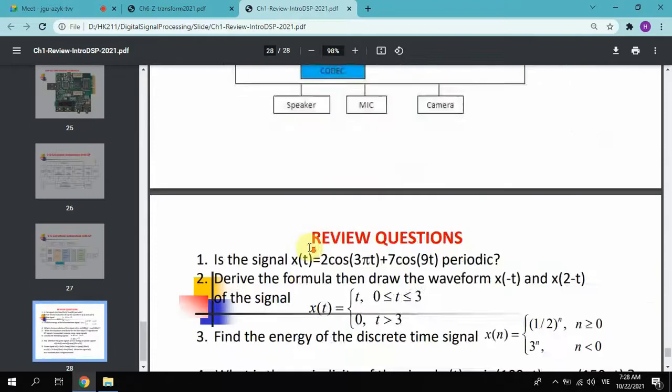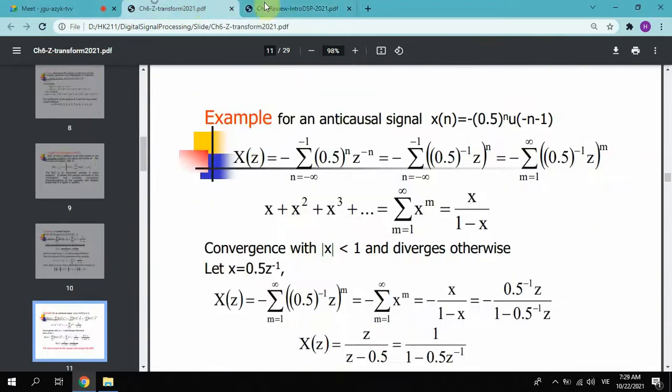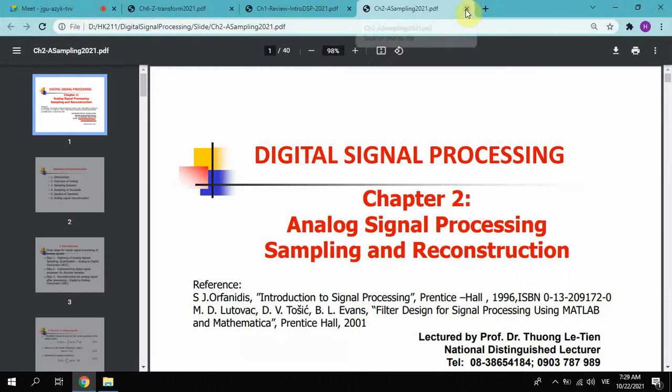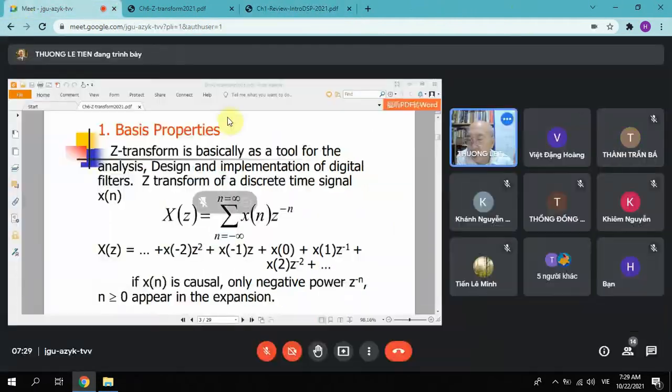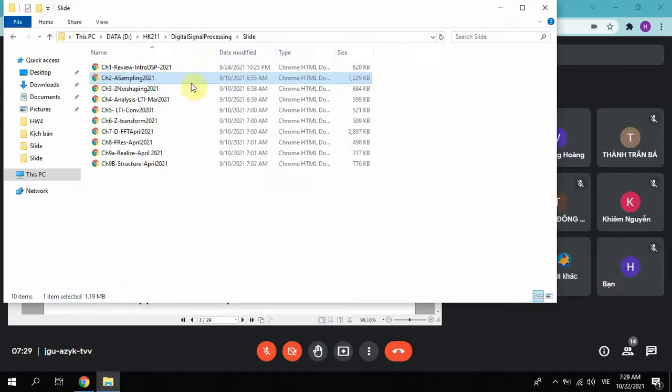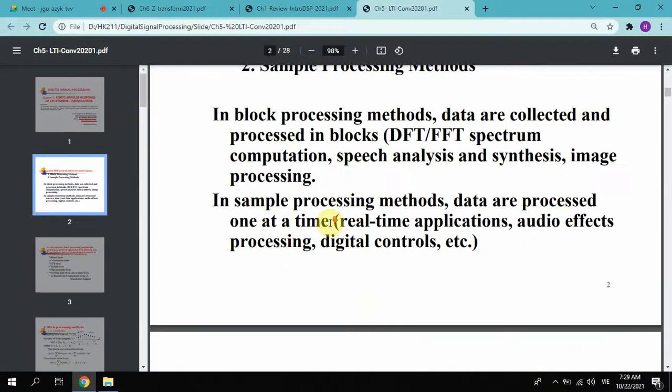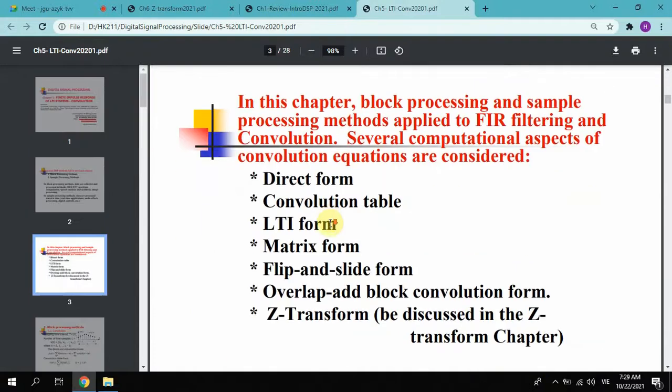I let you know already. You have many categories of the Fourier analysis. What is the corresponding Fourier analysis when we compare it to the Z transform?